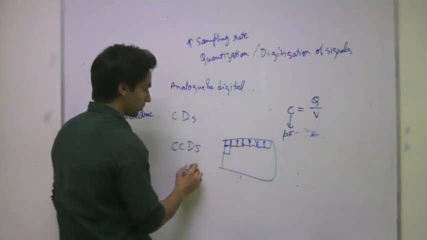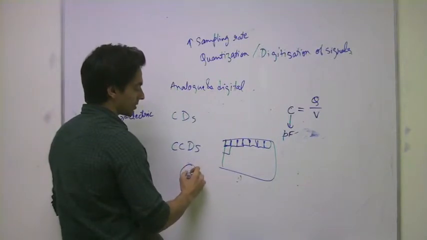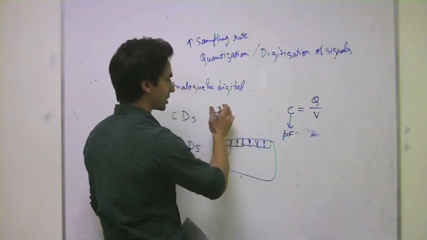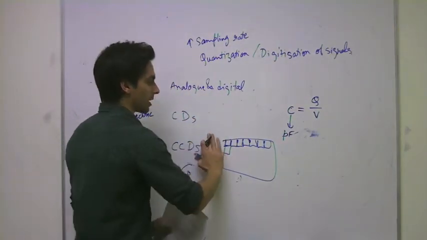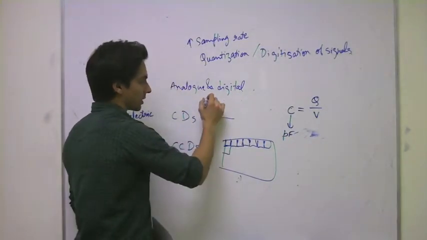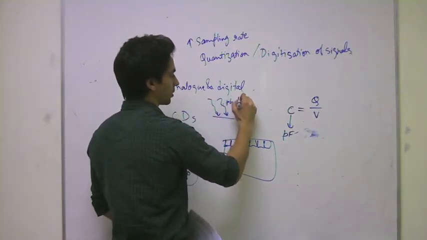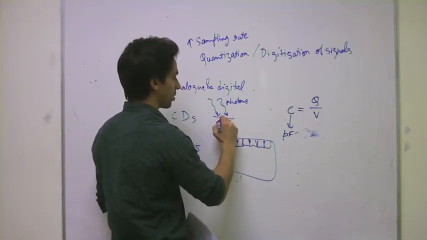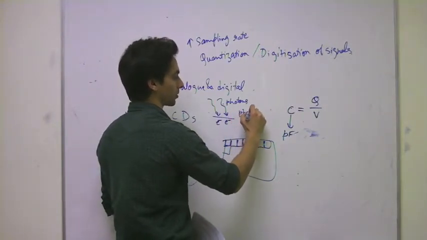When the shutter on a camera opens, basically what happens is, just like we discussed in the photoelectric effect, there is a metal plate on top. When the shutter opens, light falls on this metal plate, and the photons will eject electrons on the surface of the capacitors due to the photoelectric effect.